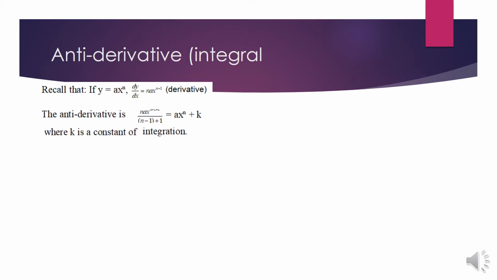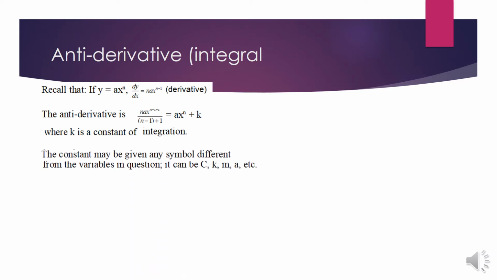Now, the antiderivative: we do the reverse of what we did in differentiation. The antiderivative is nax to power n minus 1 plus 1 over n minus 1 plus 1, equals ax^n plus k, where k is a constant of integration.